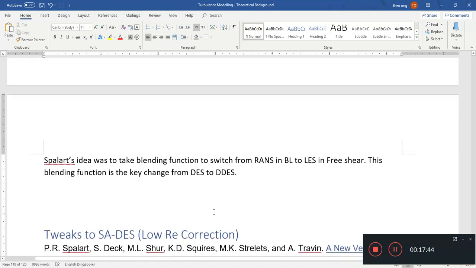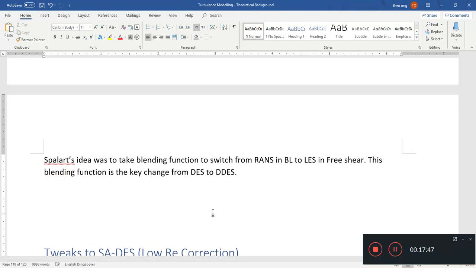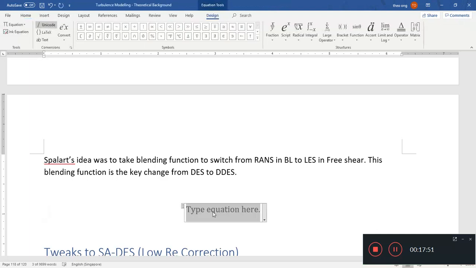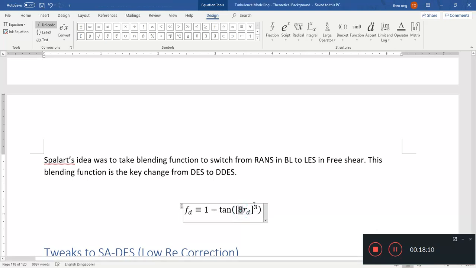What does the blending function look like? I'm not going to go through it step by step, but just roughly show what it looks like. This fd blending function is equivalent to 1 minus hyperbolic tangent of, according to his paper, (8 rd) cubed. So this 8 and this 3 are constants.